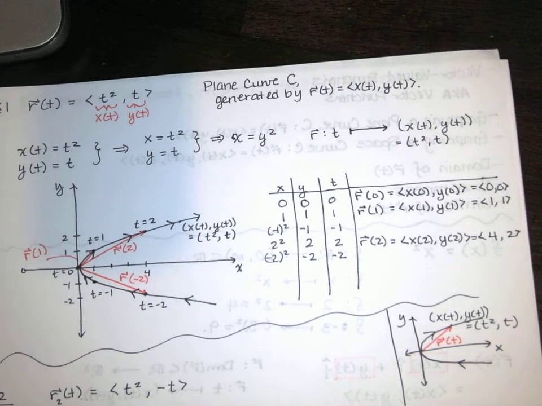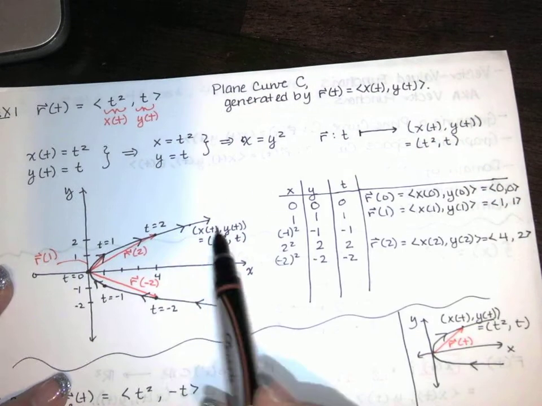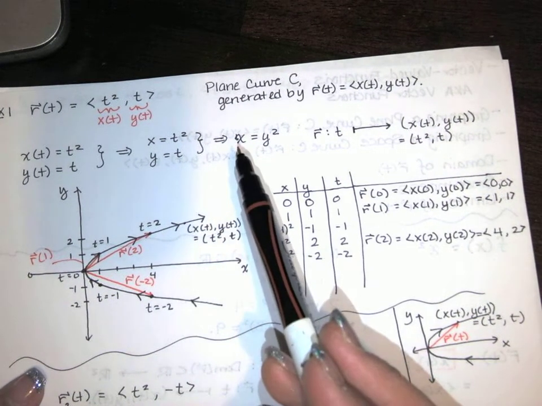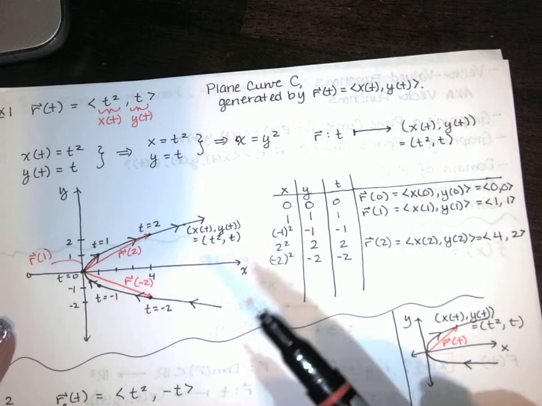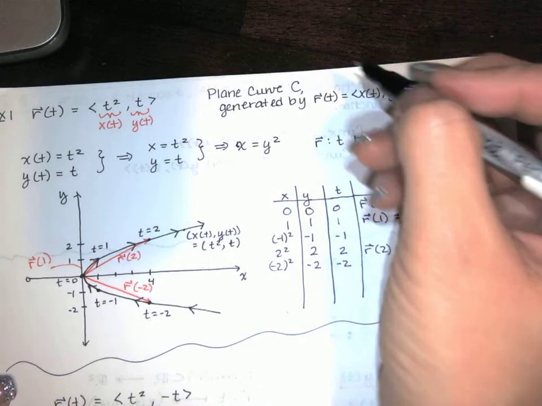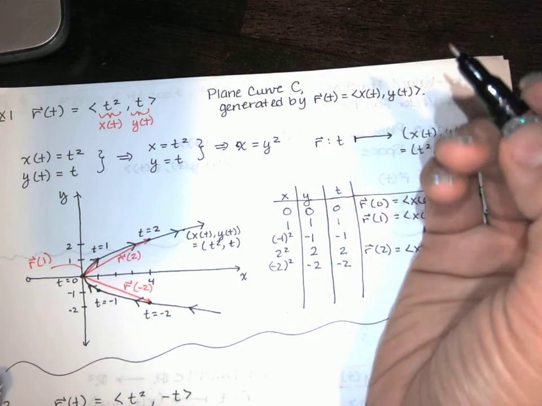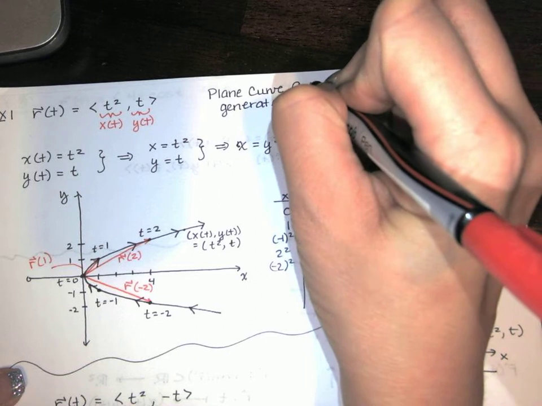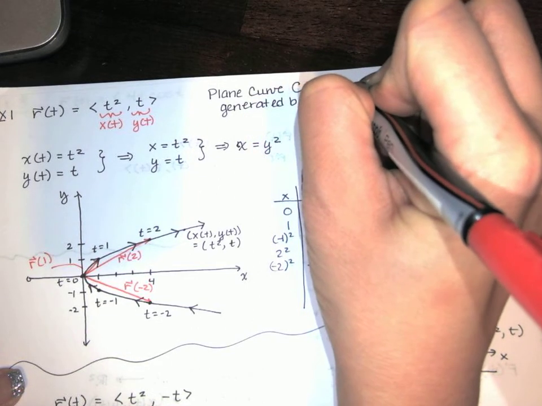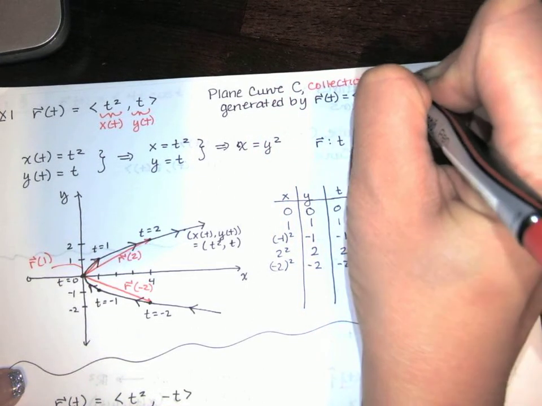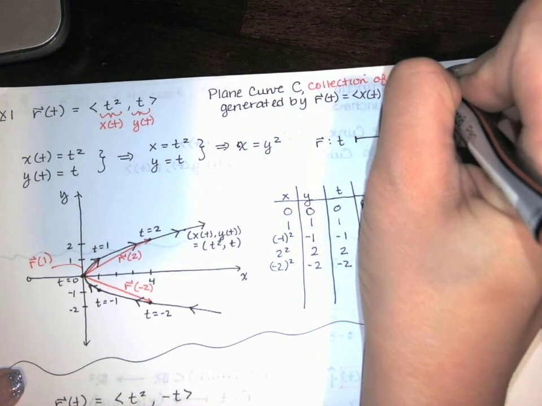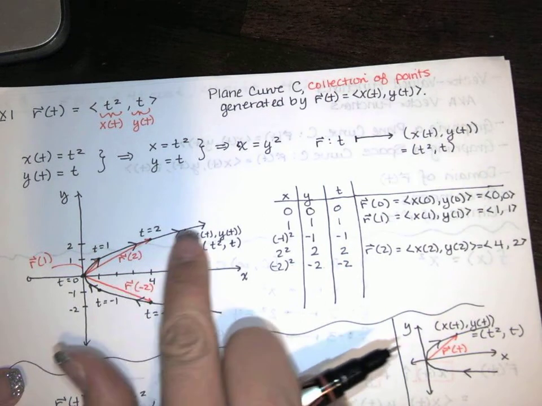I said before that this curve is actually defined by two things. The curve is not just this collection of points. It's not x equals y squared. The plane curve consists of two parts. One part of it is the collection of points that are on this curve.